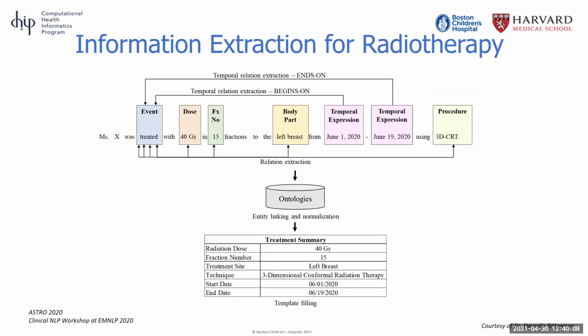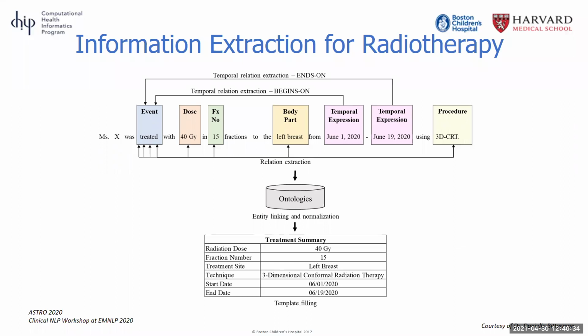So we have focused on information extraction for radiotherapy. So this is one example sentence that encodes radiotherapy information. The boxes that are highlighted are the various elements associated with radiotherapy.